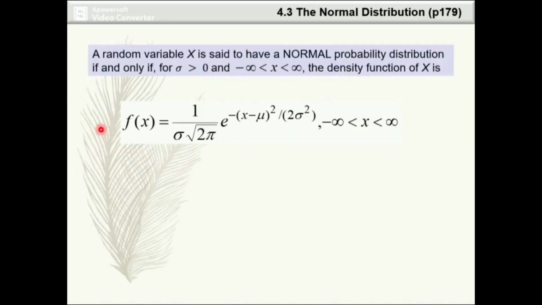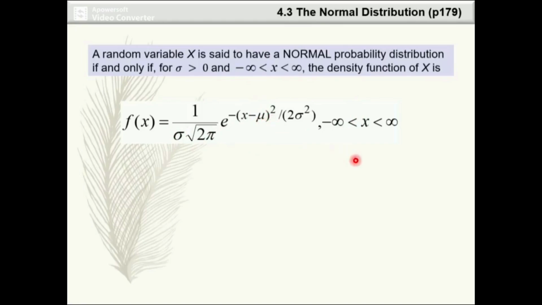This is what the probability density function of a normally distributed random variable looks like. Sigma is some positive value greater than 0, and x is any value between minus infinity and infinity. Now, if you look at this distribution, if you wanted to find probabilities, you actually just need the value of sigma and the value of mu.